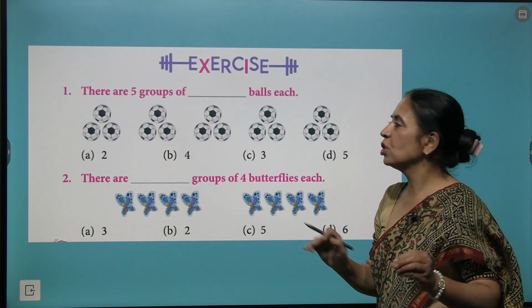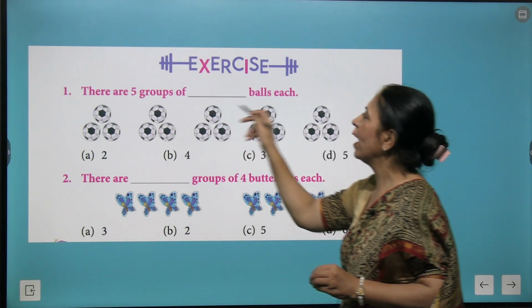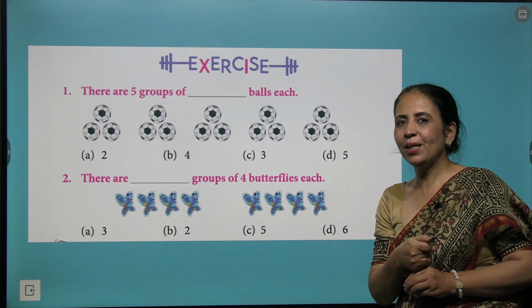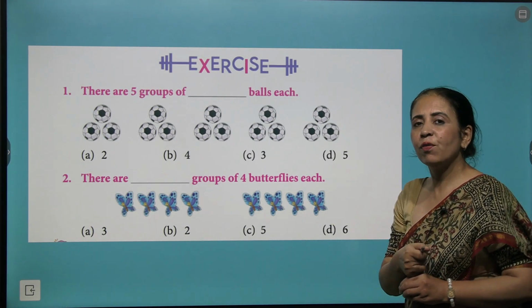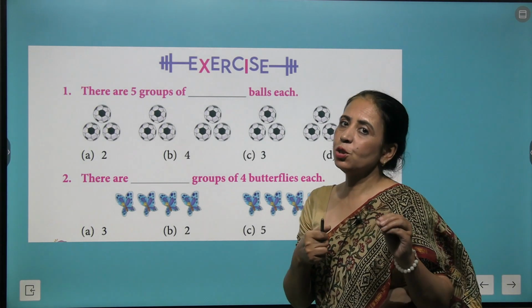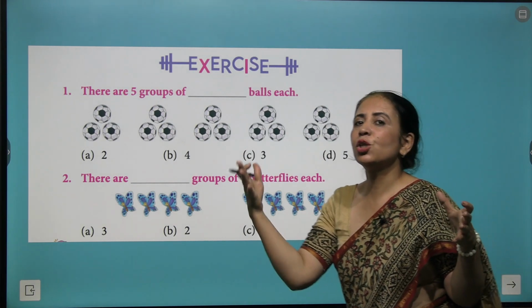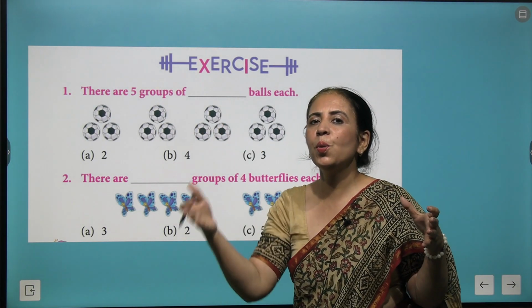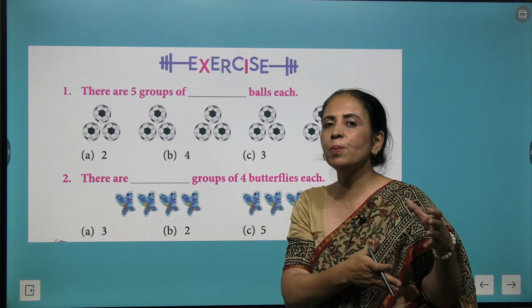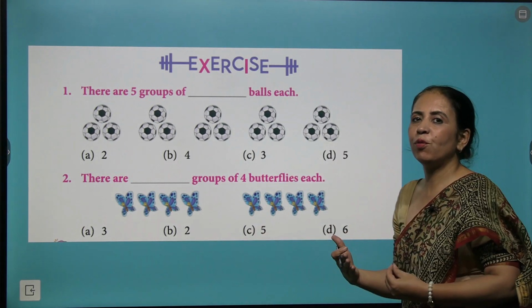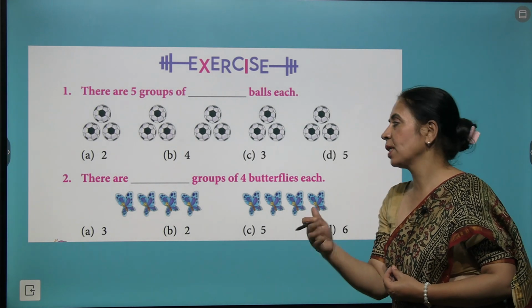In this question, there are 5 groups of dash balls each. Now it's your turn to read the question and understand. Every time you have questions of 2 categories. The first one is, either the entire collection of items is given and you have to divide them into certain groups, or the second way is, the groups are given and you have to find how many such groups are formed.